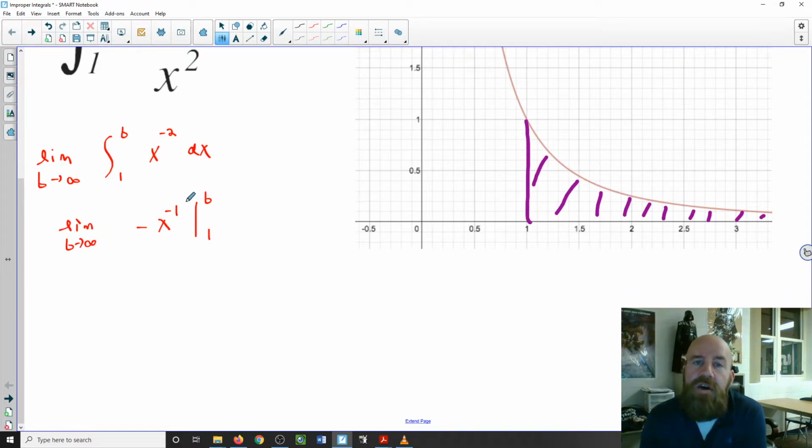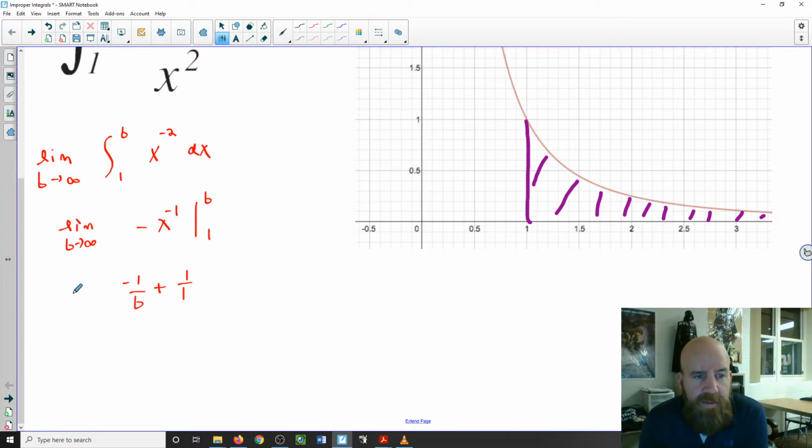Now we can plug our values in. We can change this back to negative 1 over x, which is probably a little easier to see. So we have negative 1 over b, minus negative 1 over 1, so I'm going to add that.